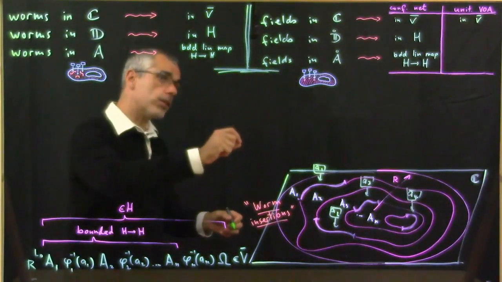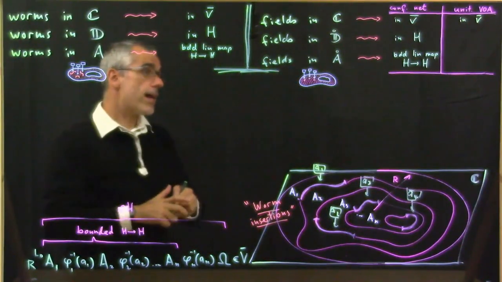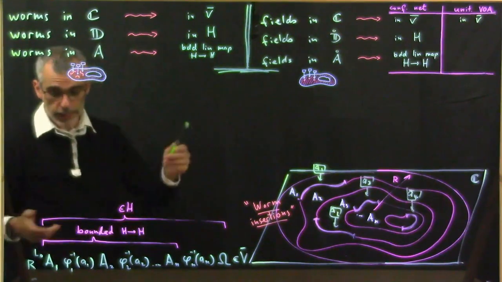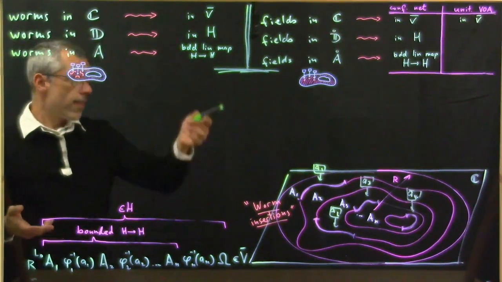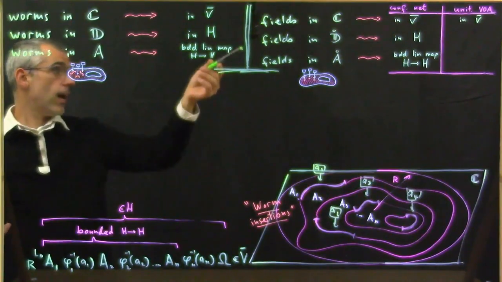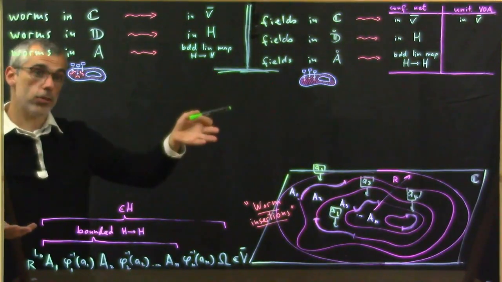If the fields are inserted in the unit disk, then there's a great little argument which I learned from James Tener that shows that indeed you get something in H, and here's how it goes.